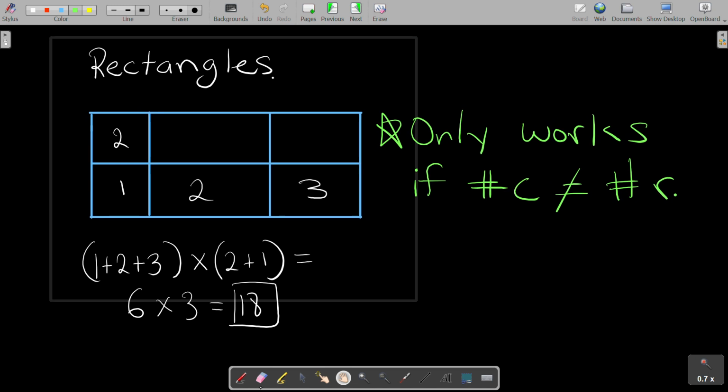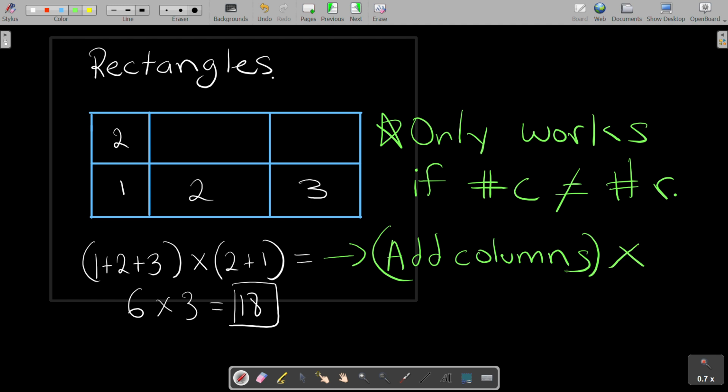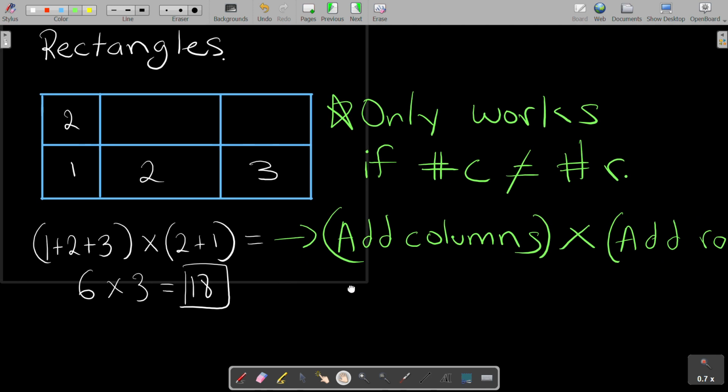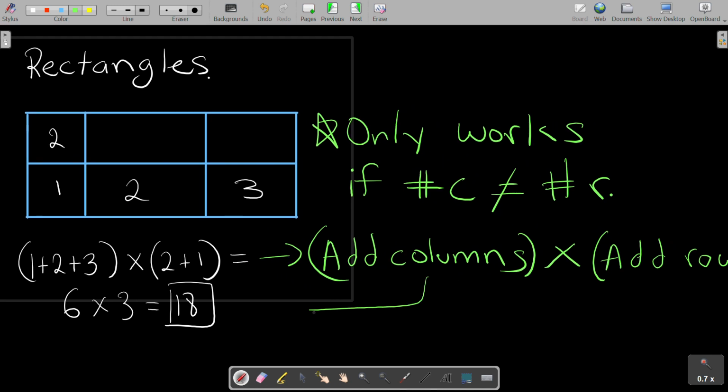This basically is showing us: add columns, multiply by, add rows. So basically we would multiply the sum of the columns and the sum of the rows, and you would get the amount of rectangles in the figure if the number of columns and rows are uneven.